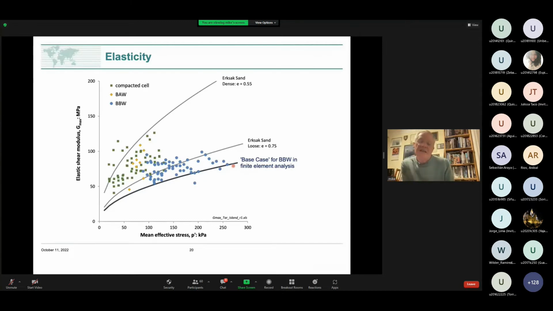The reason we did that is I've spent a bunch of time with self-boring pressuremeters, and we tend to find that the mechanical modulus is a little less than the geophysical modulus. So just as an engineering judgment, for this analysis, which involves large mechanical deformations, I want to come in with a low bound to the seismic measurement. So that became our base case idealization.